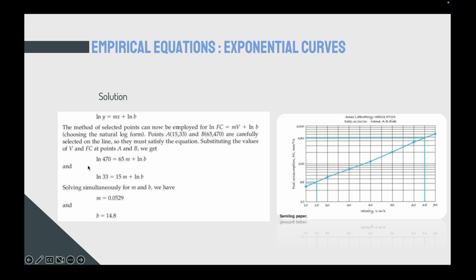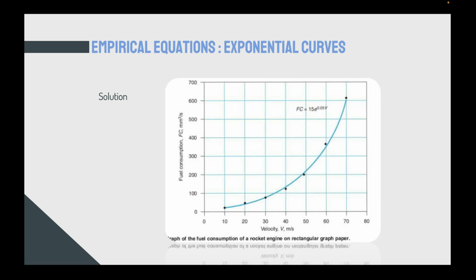Now plug in two points. ln 470 equals 65m plus ln b. And the other point, ln 33 equals 15m plus ln b. Solve the two equations. You will have m equal to 0.0529 and b equal to 14.8. And in this case, fuel consumption would equal 15 multiplied by e to the power 0.05v.